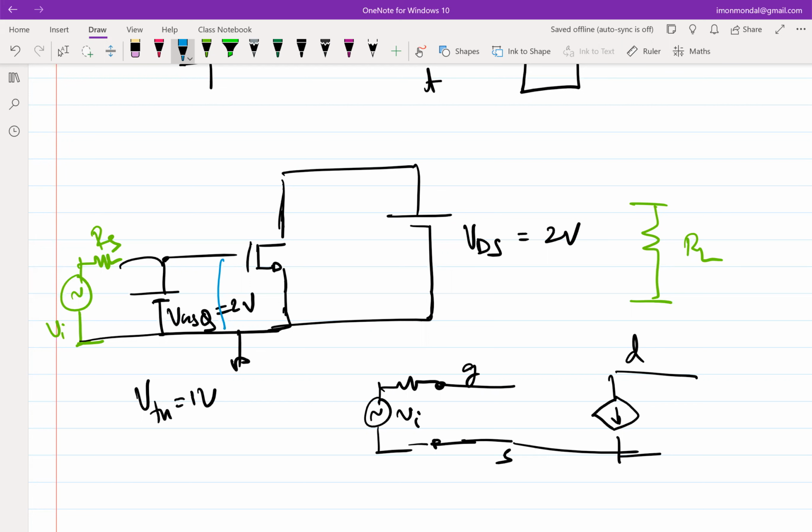I'll not be able to change the voltage between gate and source by applying whatever VI I want here, which in incremental parlance means that gate to source is shorted. Okay, so we cannot do this. So what else can we do?